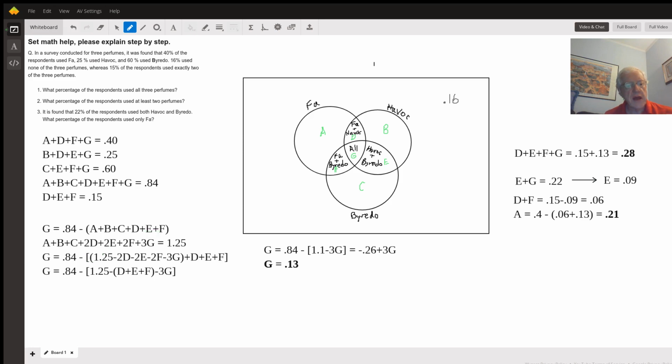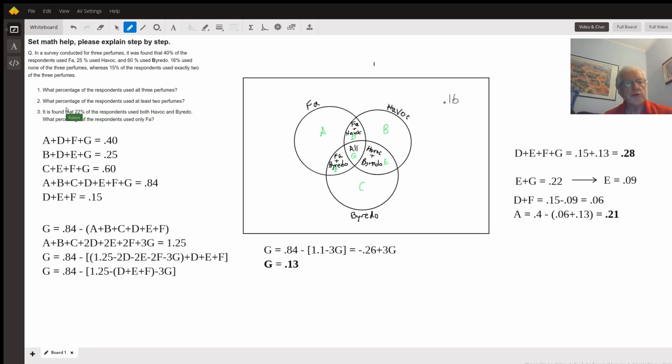Everything adds up to 1.25, and so you can use that number and the convenient fact that we have the same number of Ds, Es, and Fs, and we do know the sum of D, E, and F. So that makes it possible to subtract this out as a unit, and it comes down to G equals 0.13. All right, so 13% use all three.